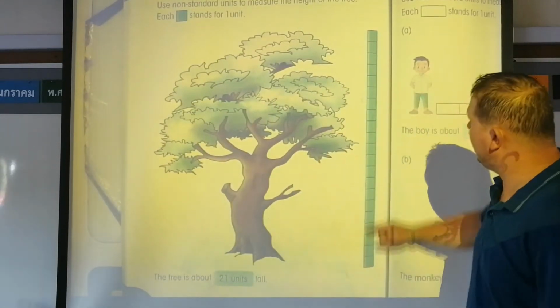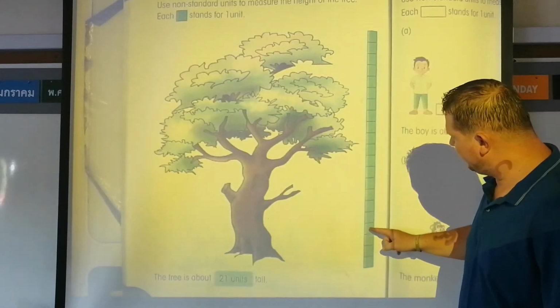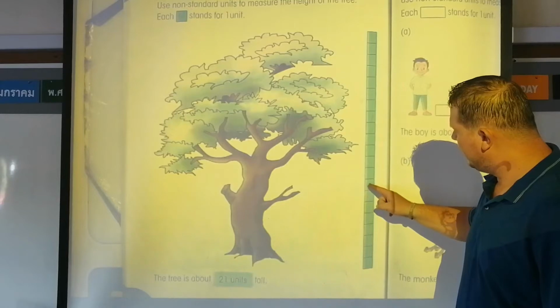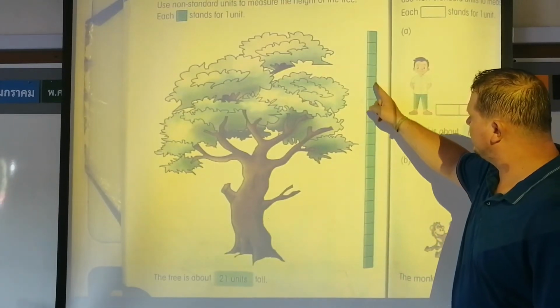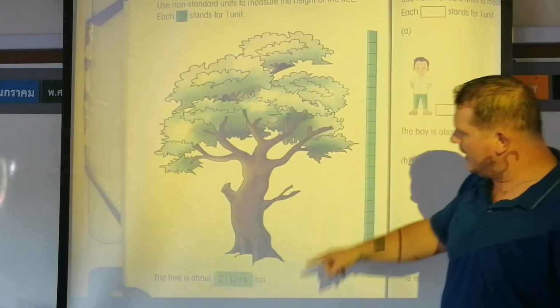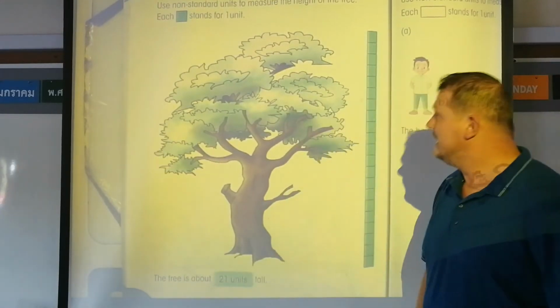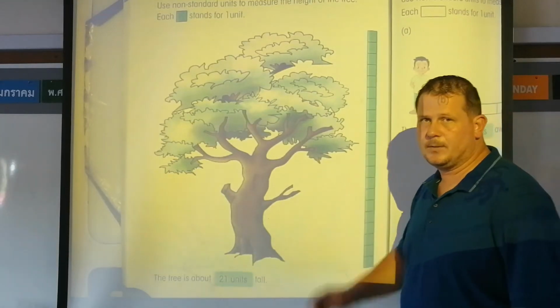And then you just have to count all the little blocks. 1, 2, 3, 4, 5, 6, 7, 8, 9, 10, 11, 12, 13, 14, 15, 16, 17, 18, 19, 20, 21. So the tree is about 21 units tall.